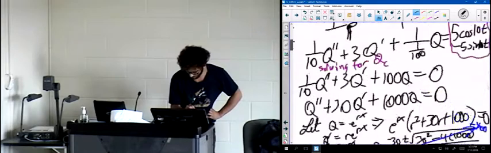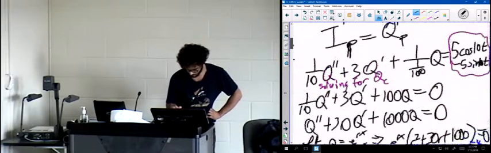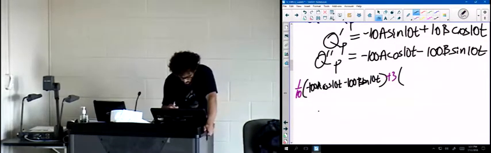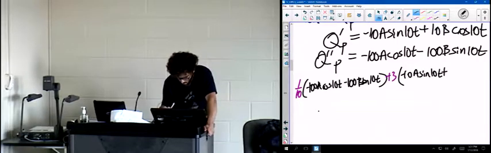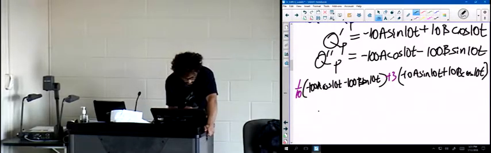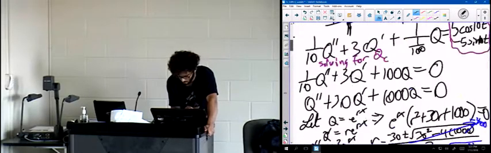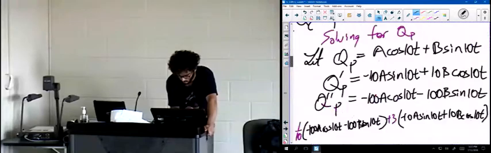Let's see. Plus 3 times negative 10a sine 10t plus 10b cosine 10t. Right? And lastly, we have 100 times that original q.